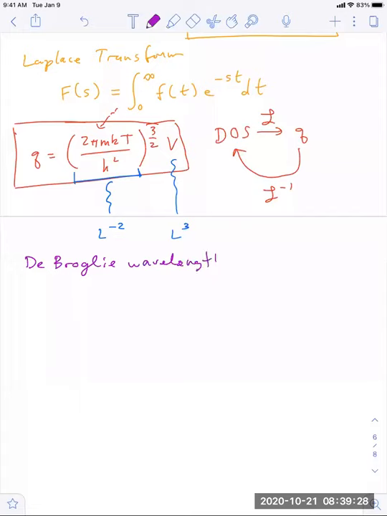So the de Broglie wavelength has the symbol uppercase lambda, and that equals h squared over 2 pi times the mass times kT, all raised to the 1/2 power.